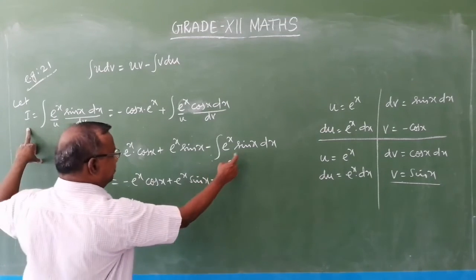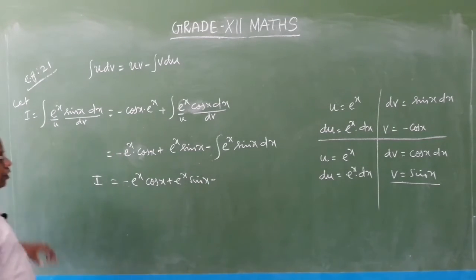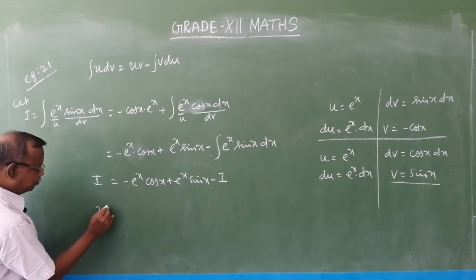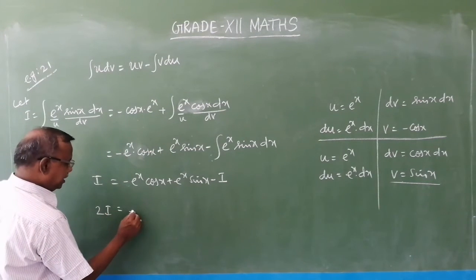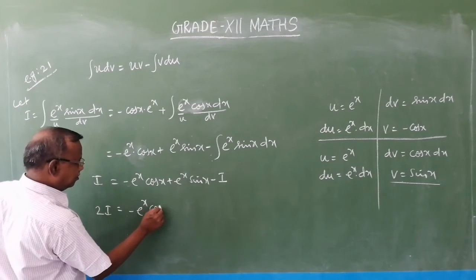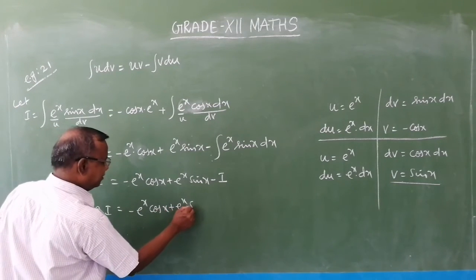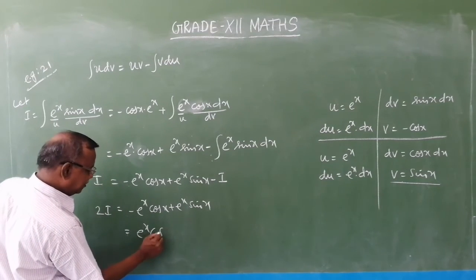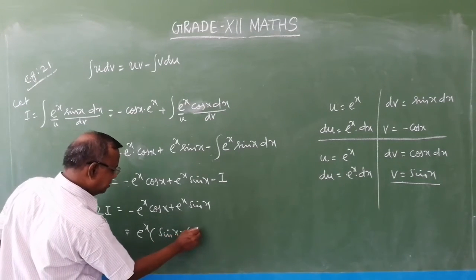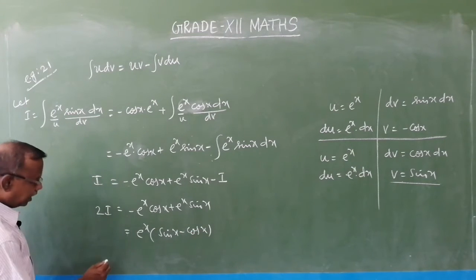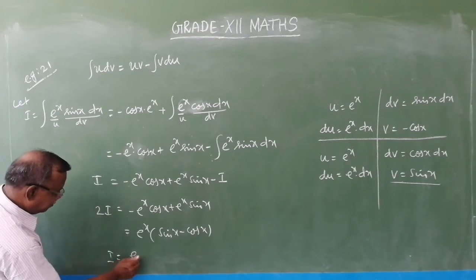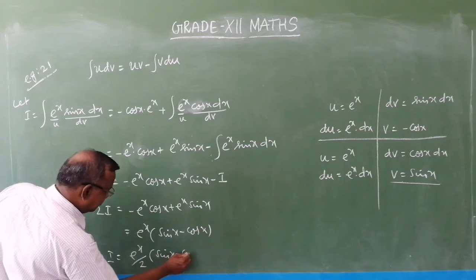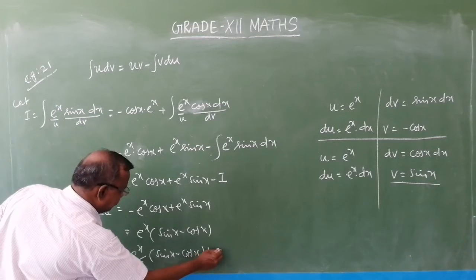So bring the I to the left: 2I equals minus e^x cos x plus e^x sin x, that is e^x (sin x minus cos x). So, I equals e^x by 2 into (sin x minus cos x) plus c.